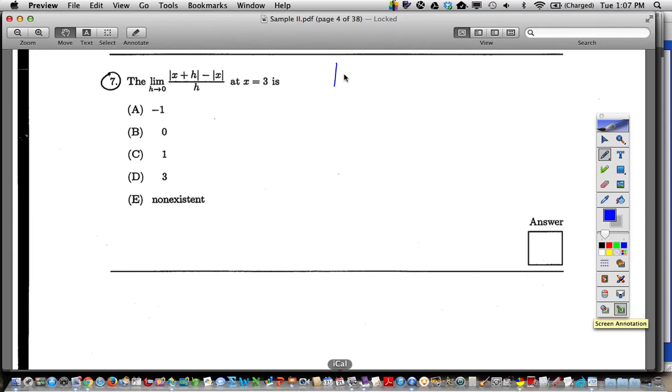So you turn this into 3.0001 minus 3, all over 0.0001, like that. Makes sense.